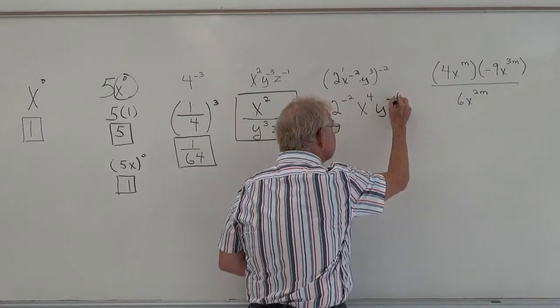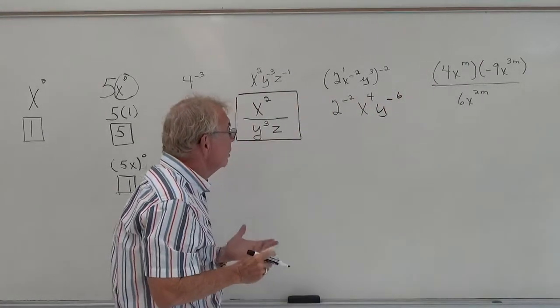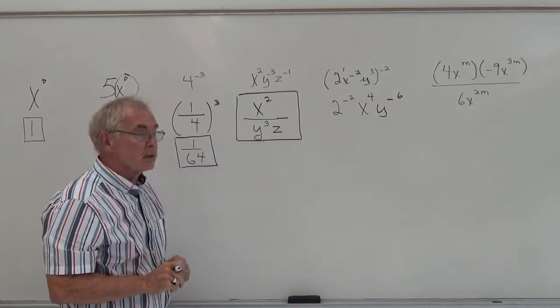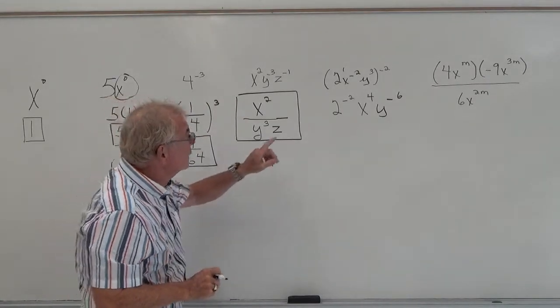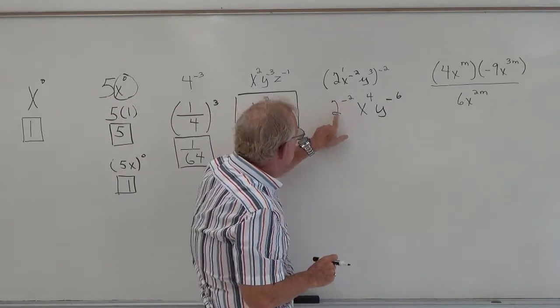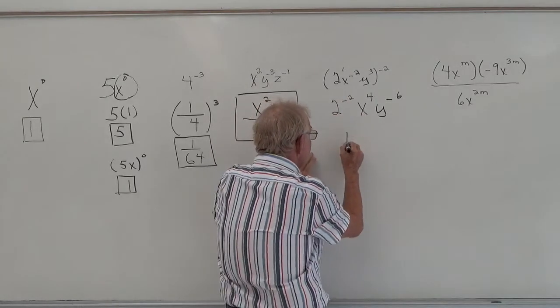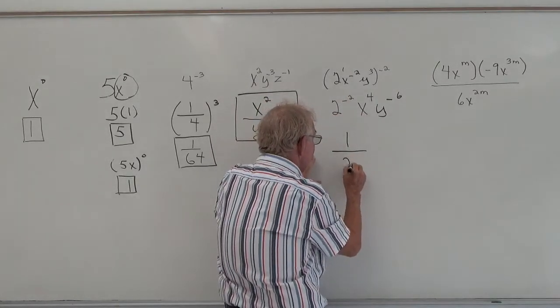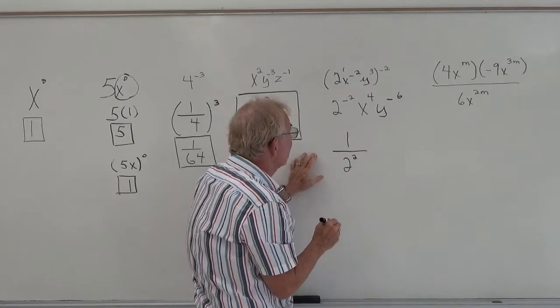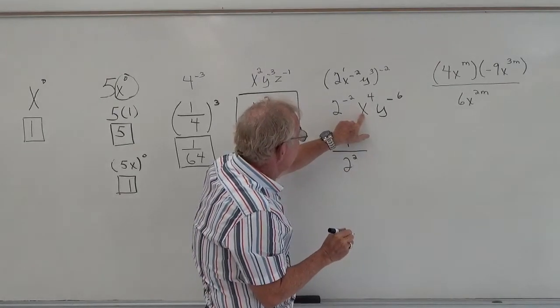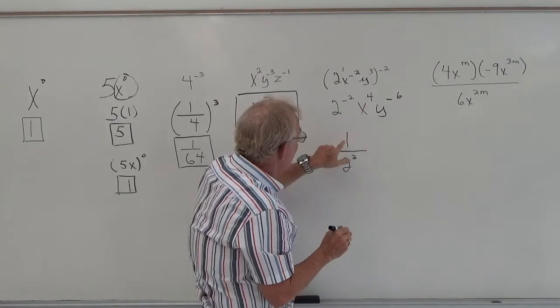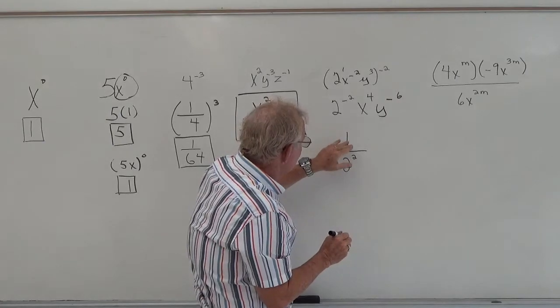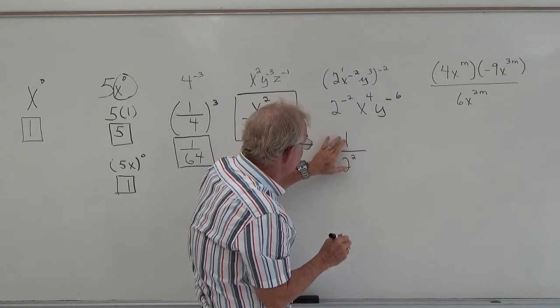Now, we don't want negative exponents in our final answers. So we've got to get rid of that negative 2. So since it's up, we take it down and raise the power to positive 2. We leave this where it is. Now, you can leave that 1 or you can erase that 1. It's just a placeholder.